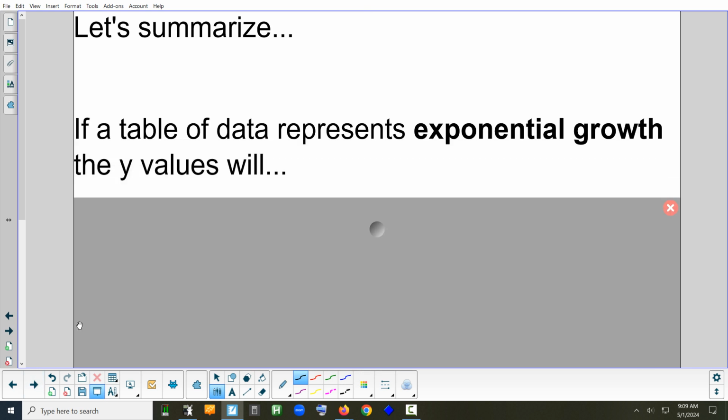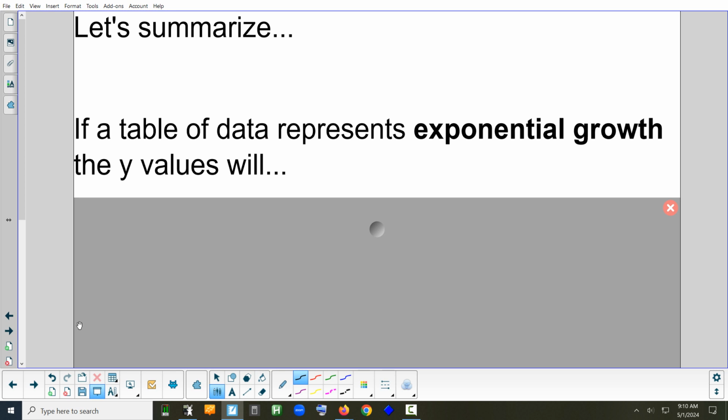All right, so let's summarize what's going on here. At the bottom of your guided notes, it says if a table of data represents exponential growth, so you guys need to fill in what's in bold. If a table of data represents exponential growth, what's going to happen to my y values as I read further and further down in the table?